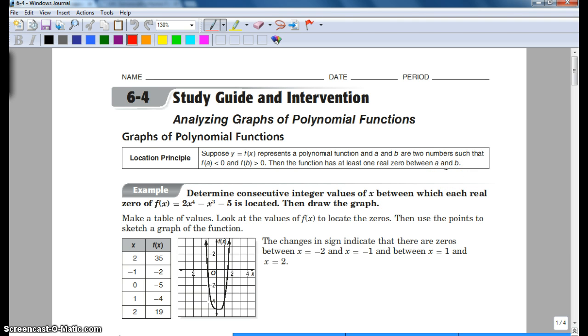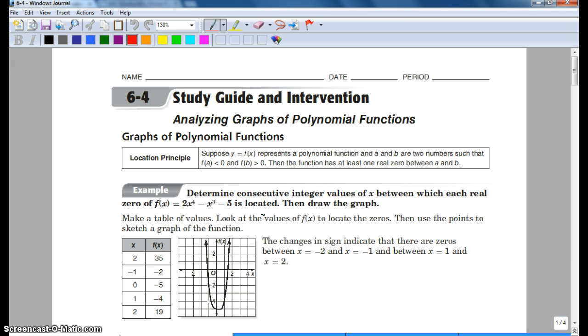For example, determine consecutive integer values of x between which each real 0 of f of x equals 2x to the fourth minus x to the third minus 5 is located. Then draw the graph. So the suggestion here is to make a table of values.